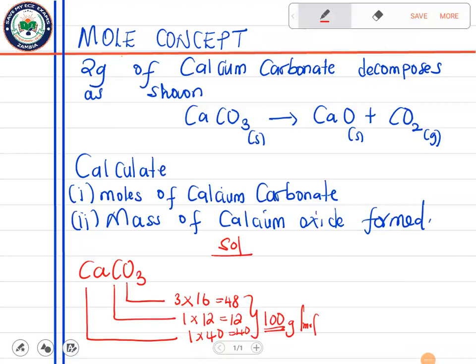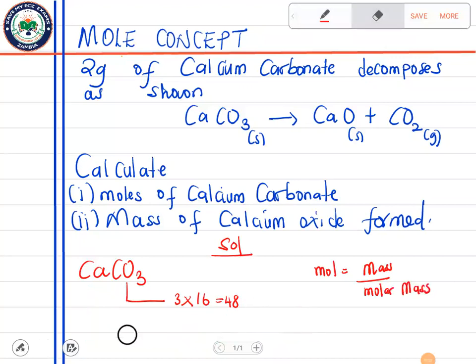And how do we find the number of moles? So number of moles is equal to the mass given over the molar mass. We found 100 here, so I'm going to erase this part. So the number of moles, in this case, the mass given is 2 grams.